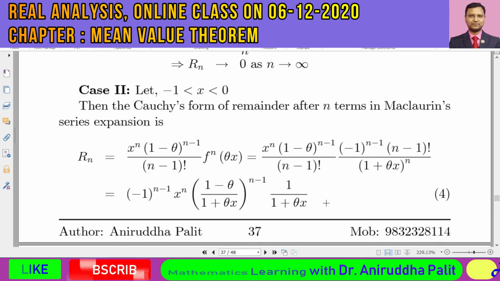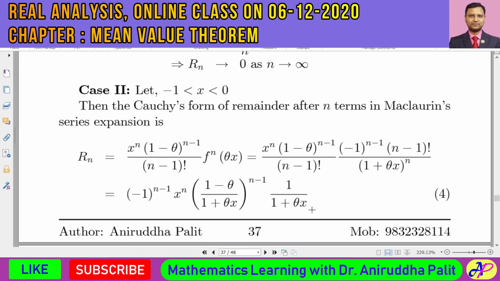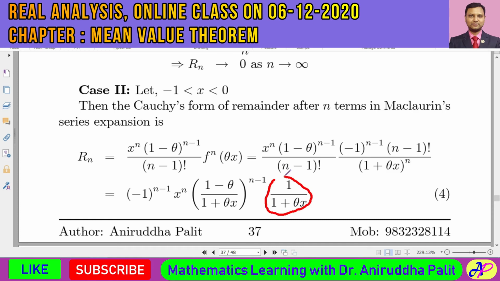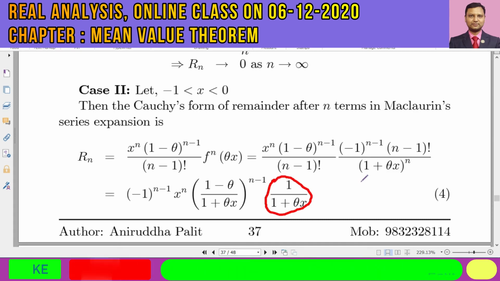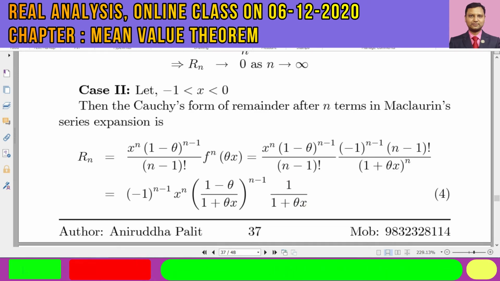And over here 1 minus theta to the power of n minus 1 is combined with 1 plus theta x to the power of n minus 1, keeping one extra factor 1 plus theta x separate. I am keeping this extra factor 1 by 1 plus theta x separate, and that would not cause any problem, because ultimately this factor would be a finite quantity.